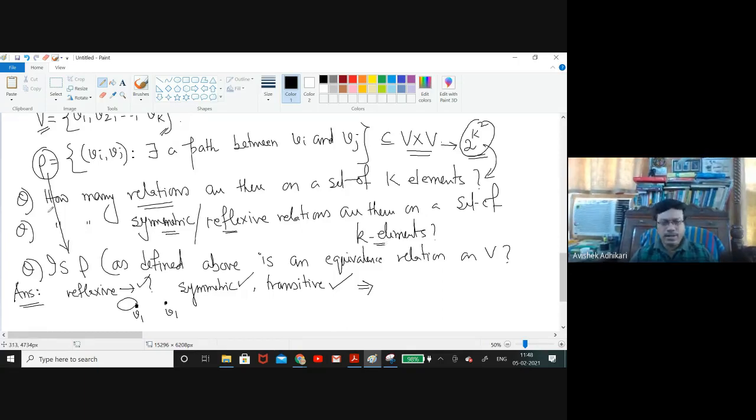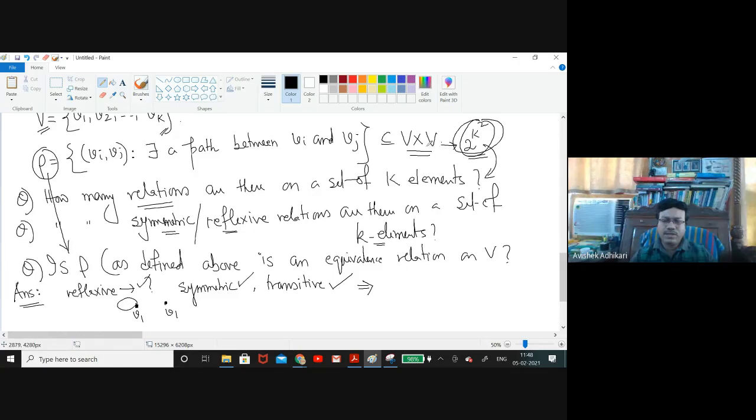So whatever you did is absolutely correct. Any subset of V cross V is a relation, so you just need to find how many subsets of V cross V there are. V consists of k elements, so V cross V consists of k square elements.